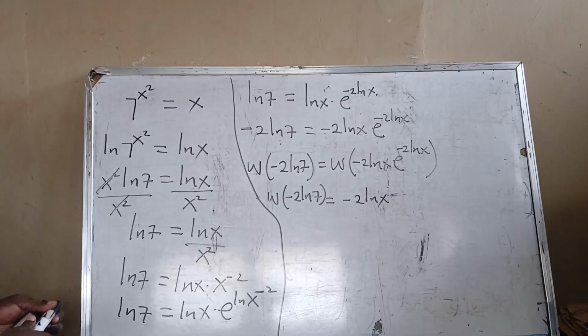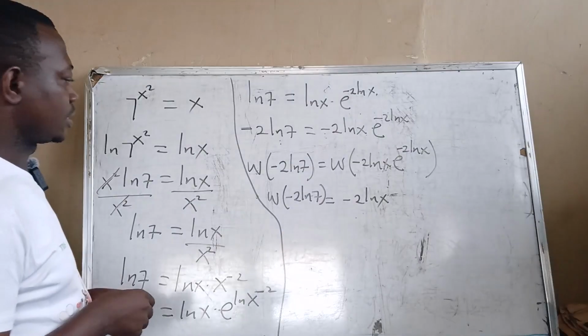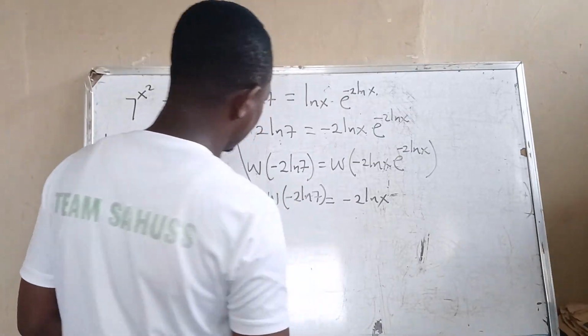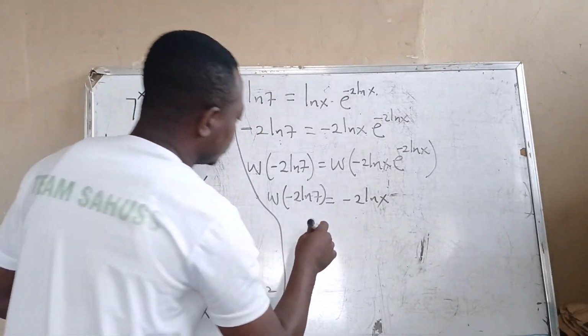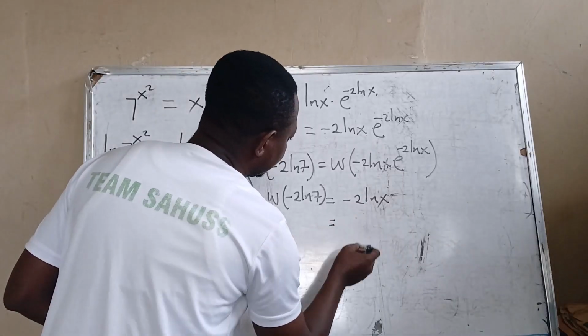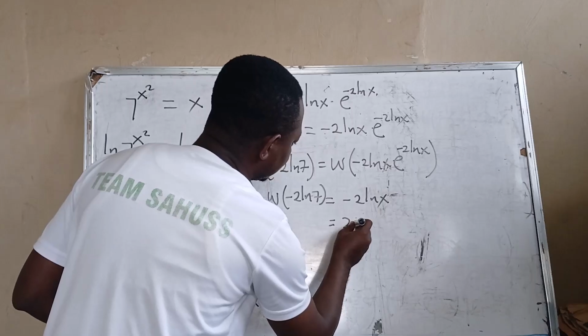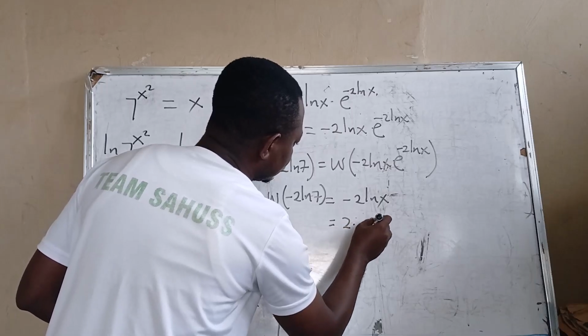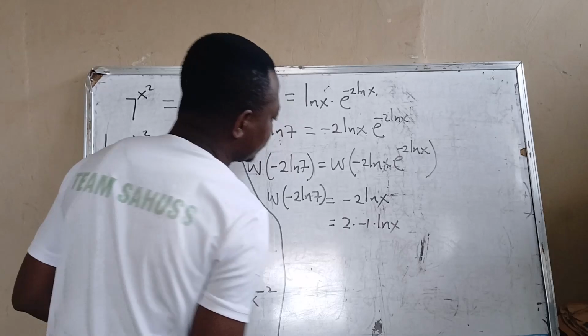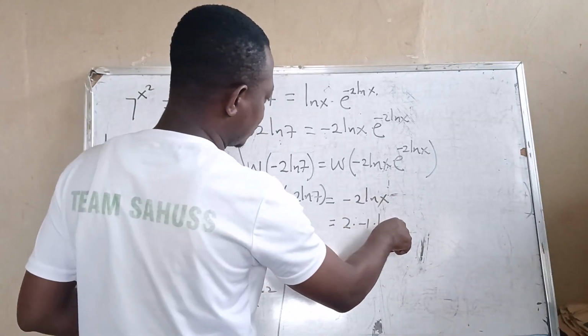Now let's be very careful here. We are after x. Okay, so what I'll do here is remove this minus. So I want to do some manipulation here. So this one is the same as 2 times minus 1 ln of x, and this minus will come here.